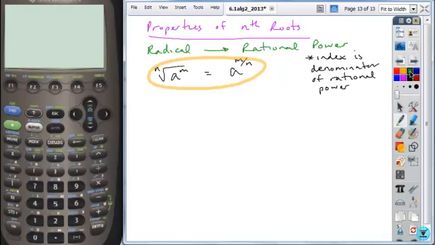Now, you can also move it in the other direction. You can move it from a rational power into radical form using the same idea.